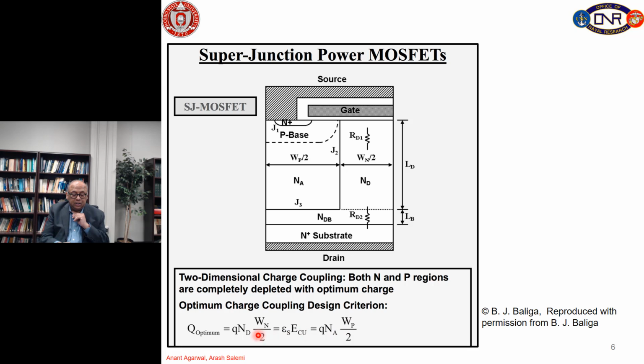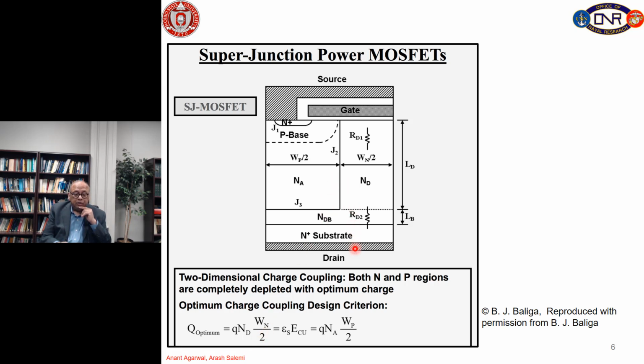So, we can say that Nd times Wn should be equal to Na times Wp, and at some small voltage on the drain, both P-type pillars and N-type pillars would be fully depleted.